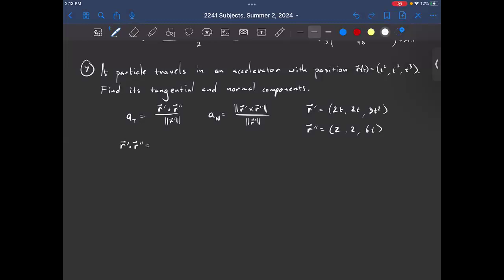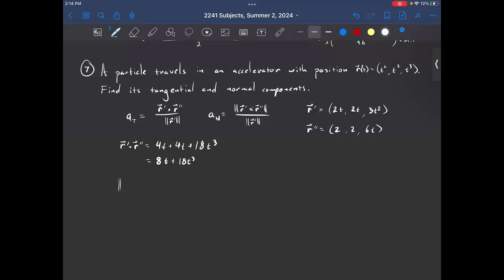That's pretty straightforward. I just go across vertically, and then I get 4t plus 4t plus 18t cubed. So this is 8t plus 18t cubed.